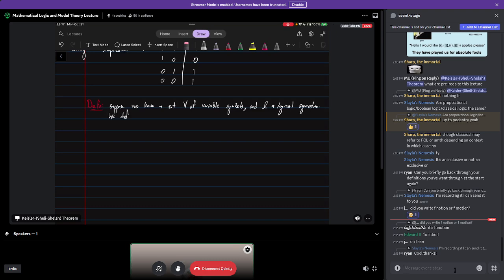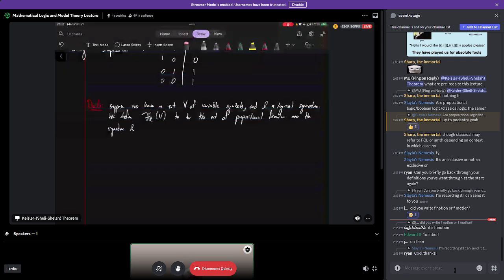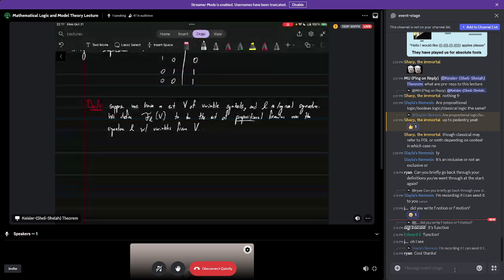We define F sub L of V to be the set of propositional formulas over the signature L with variables from V. So that's a bit of a mouthful.